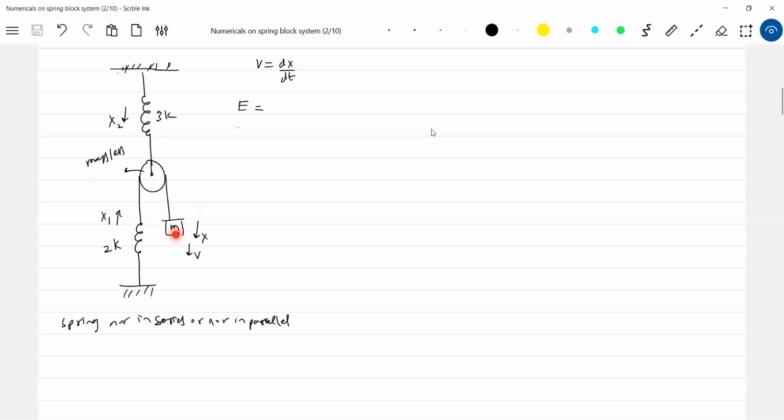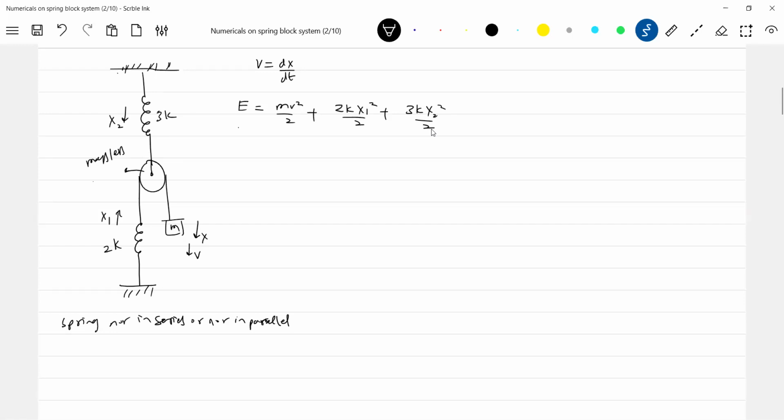Somebody should supply energy, otherwise it is not possible. On its own, it cannot oscillate. The mechanical energy we supply is what oscillates, and that will remain the same in the system. So what is the total oscillation energy? That will be in the form of kinetic energy of the blocks plus elastic potential energy stored in the springs: 2k x1 square by 2, 3k x2 square by 2.